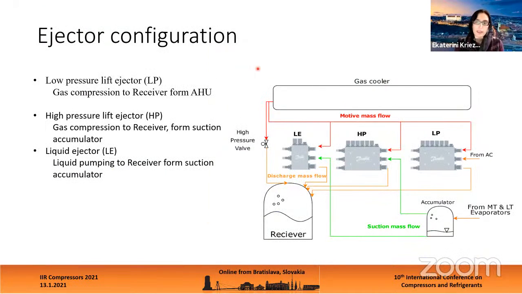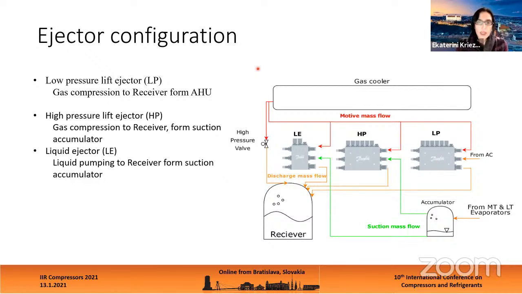The 3 different ejectors are serving, as I mentioned, 3 different functions. We have the liquid ejector that is pumping liquid from the suction accumulator up to the receiver, enabling the evaporators to run with a theoretical zero superheat, or overfeed, as people used to call it. Then we have the high pressure lift ejectors that are pumping part of the gas from the suction accumulator up to the receiver.